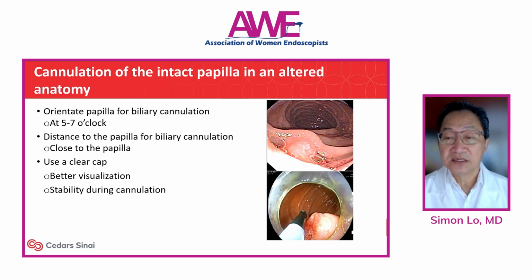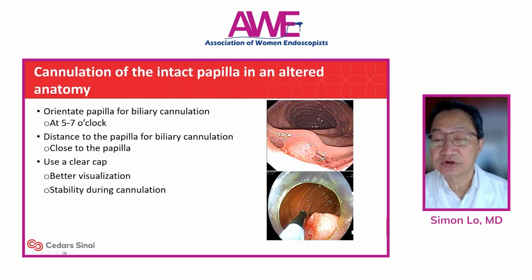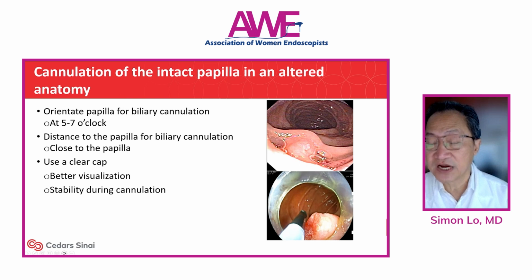And if you are dealing with an intact papilla, using an endoscope, you want to keep your endoscope very close to the papilla at 5 or 7 o'clock. If you're using a duodenoscope, the opposite is true. You want to put the papilla at the rooftop of the lumen, and you want to cannulate from a distance.